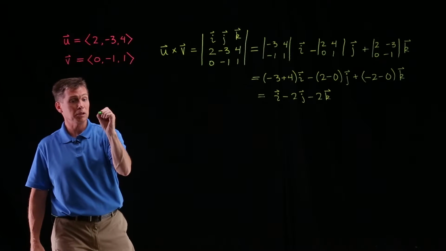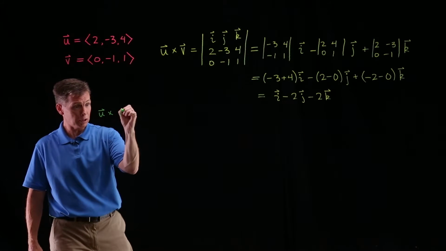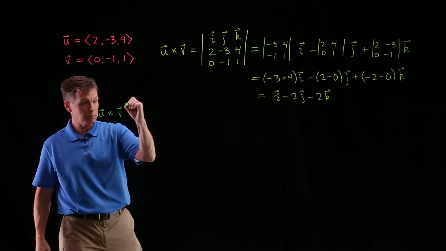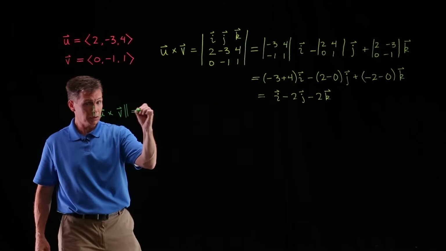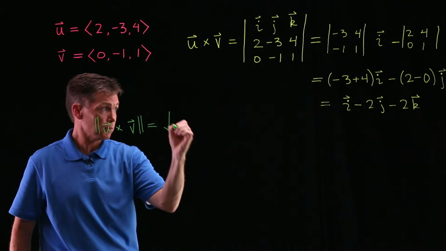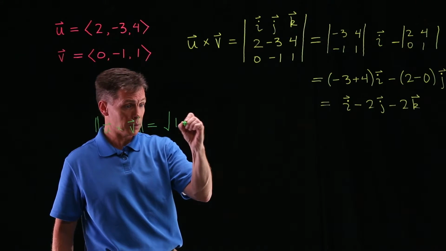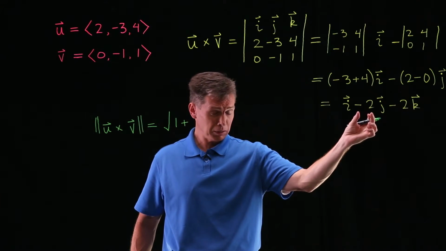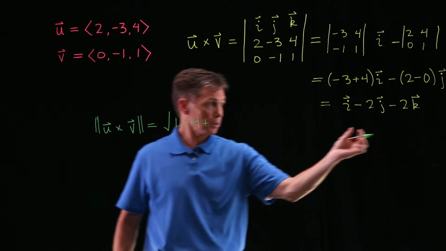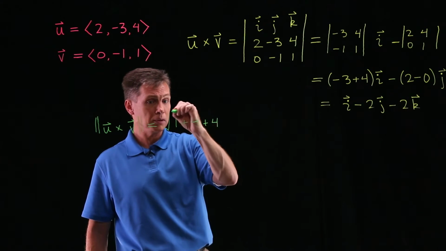The way we do that is we need the u cross v vector that we found, and then I need to find its magnitude. So the magnitude of that vector is the square root of the first component, 1, squared is 1, plus the second component, negative 2, squared is 4, plus the third component, minus 2, squared is positive 4.